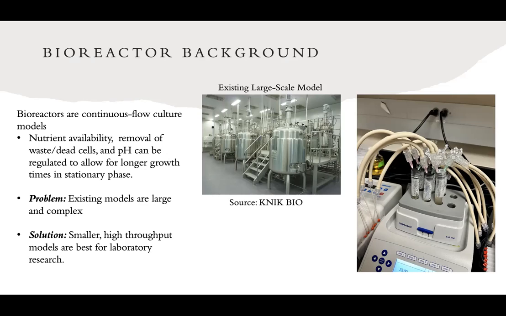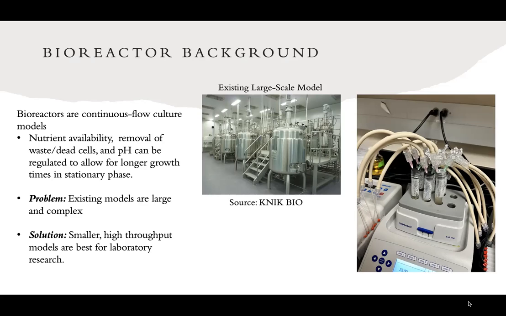So on the right, you can see a piece of our model, which is significantly smaller, which makes it a lot easier to control nutrient flow and other variables such as waste, pH, so that we can better control stationary phase of these bacterial communities and study more specific interactions and dynamics within that.